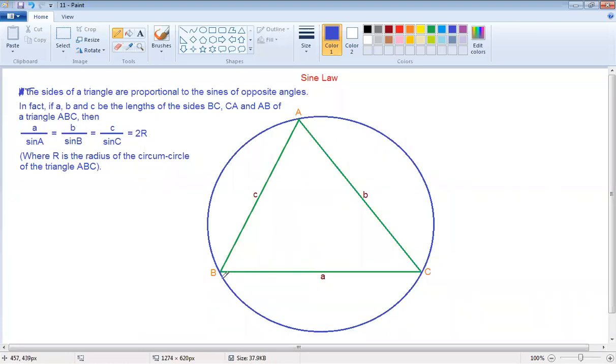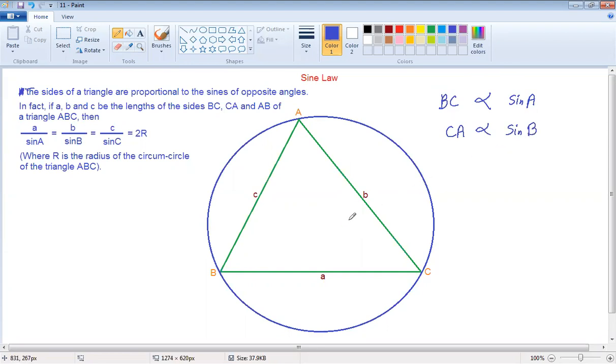This is written incorrectly on the slide. That means, for example, the length of side BC is proportional to the sine of the opposite angle, that is sine of A. Right? Similarly, the side CA is proportional to the sine of the opposite angle, that is B, sine of B.